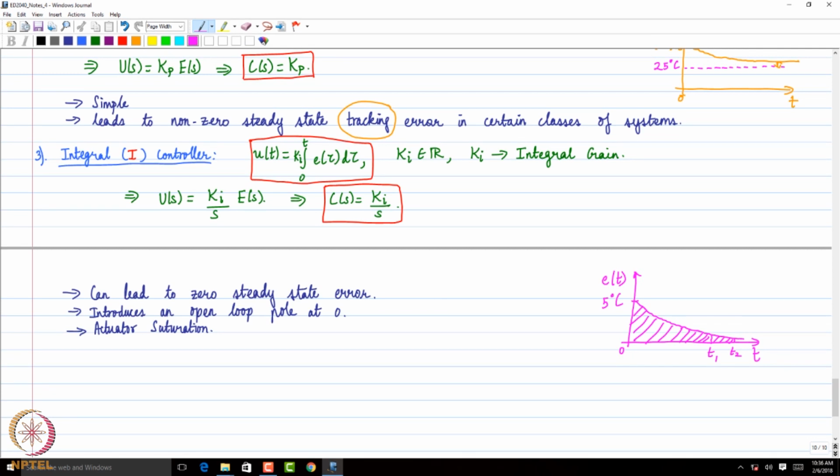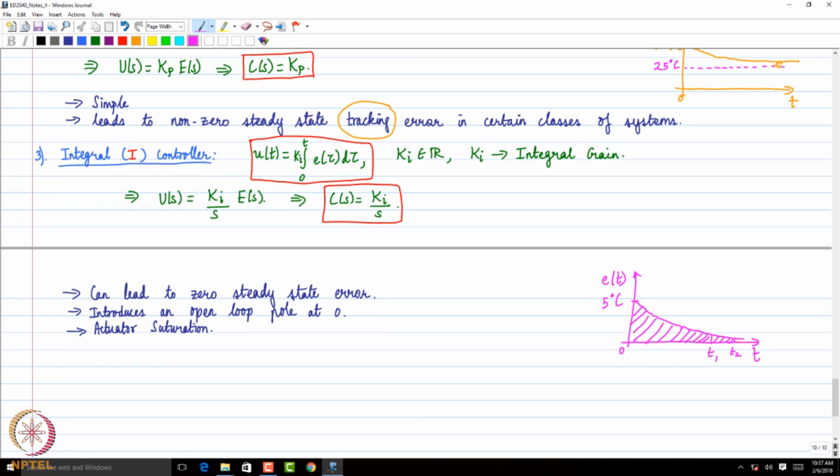Then we are going to face a situation where the area becomes so high that the control input may become very high and exceed the capacity of the actuator. For example, in this air conditioner, what is the actuator I may use? I will be using a compressor based cooling system. Let's say I have a certain capacity for the compressor and the fan assembly.